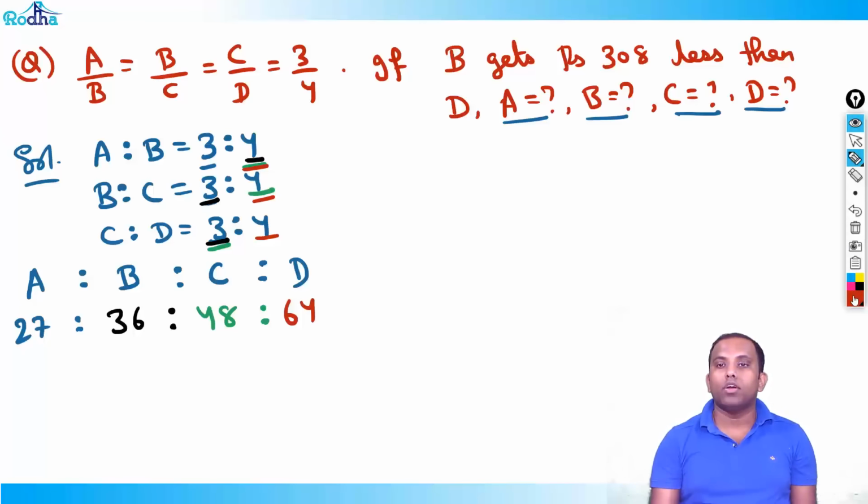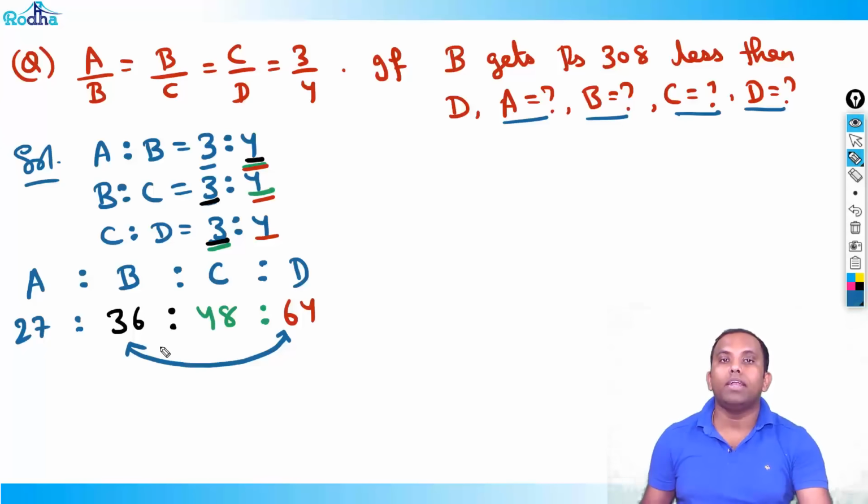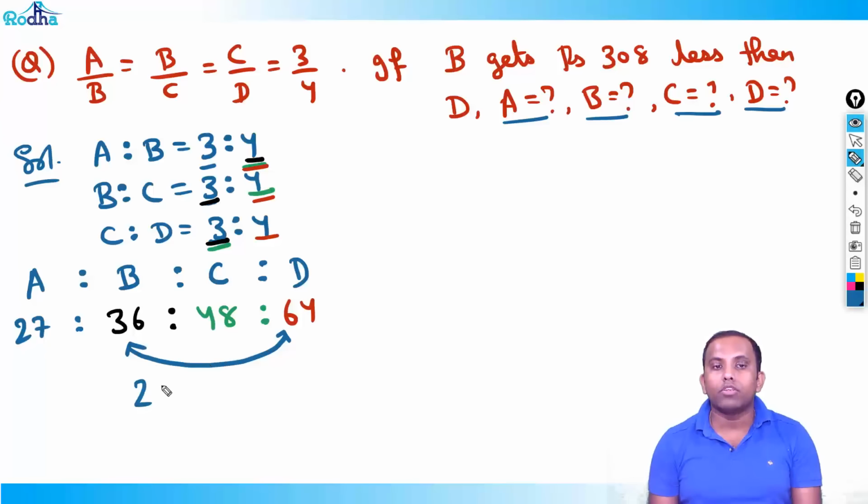So now if I solve this in ratio, what does it mean that B gets rupees 308 less than D? That means the difference of B and D is rupees 308. Understand? Difference of B and D is how much? Rupees 308. In ratio, it is 28 units or 28 parts.